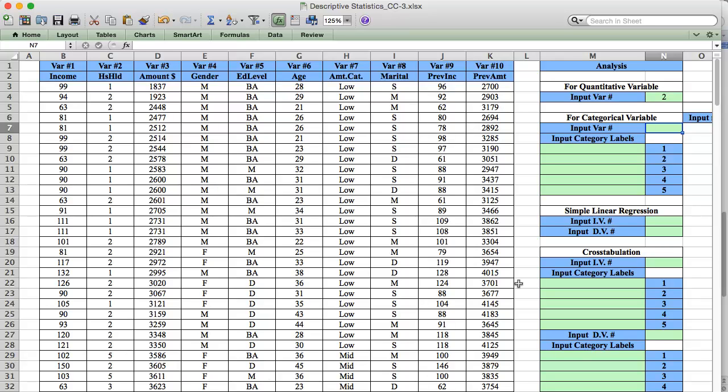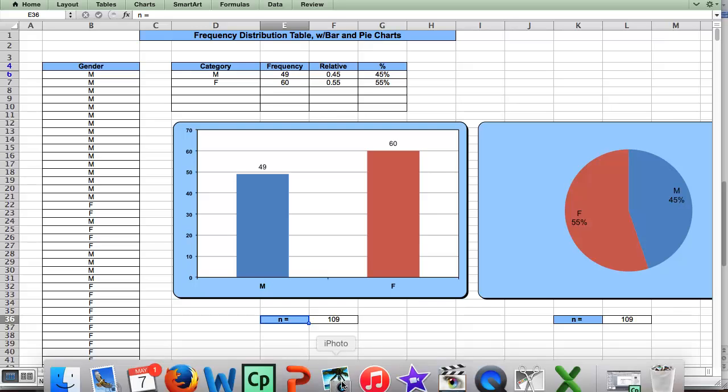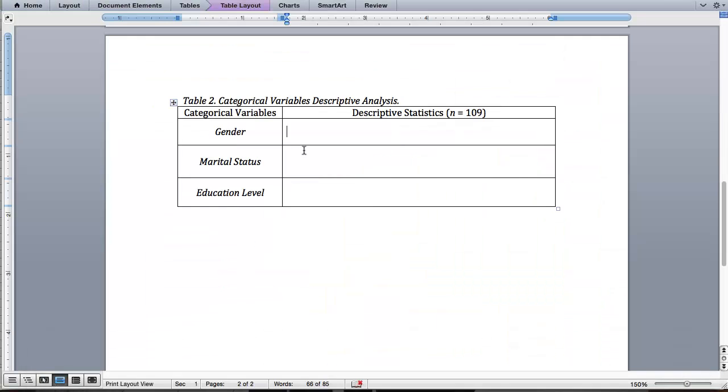So we know that we simply input the variable number, such as variable number 4, and our category labels, which are M and F. The worksheet tab categorical will show us that our sample of n equals 109 has 45% men and 55% women. I could very simply add that to our report.